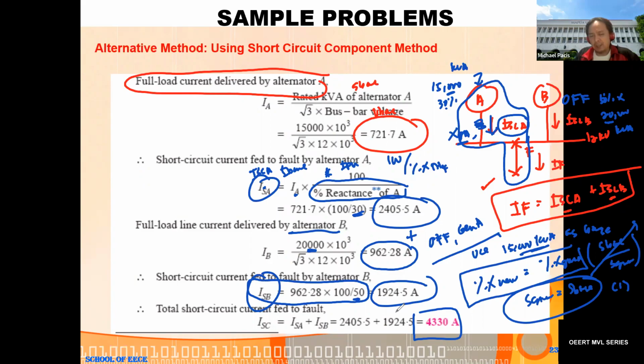So that's why, guys, technically, there are only two methods lang talaga sa EE ang importante. The others are just others. Hindi po ang importante yung mesh forever, nodal forever. Ang importante, guys, is the Thevenin's theorem, which is kasama ni Norton's, and the superposition theorem in terms of application.